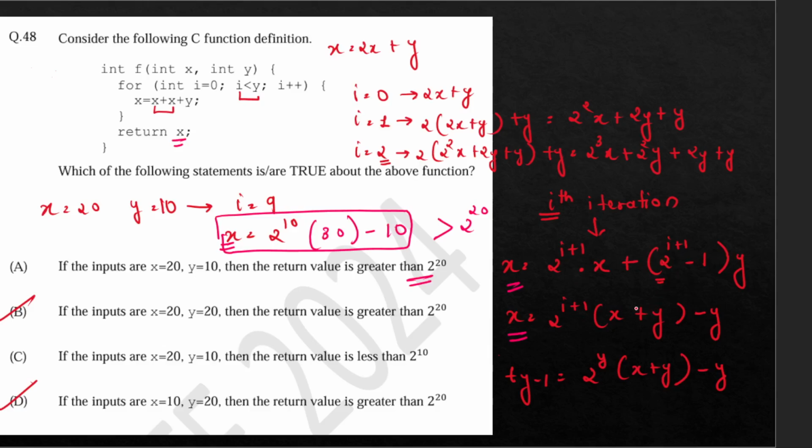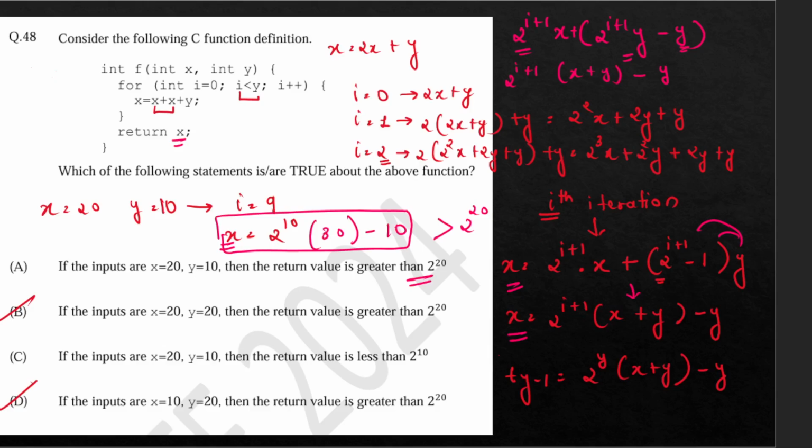And for those who haven't got how this x plus y came, let me show this quickly. The explanation: I plus 1 is there, x is there. After that, multiply this y inside. I plus 1 y minus y, this way. After that, if you take these terms common, here it is plus. 2 to the power I plus 1, x plus y is taken common, and after that this minus y I have written like this.